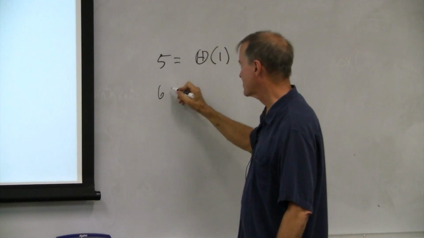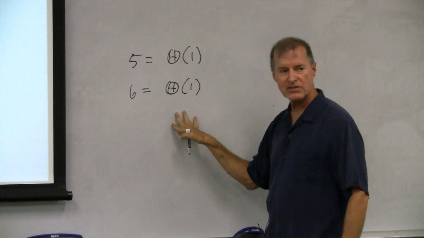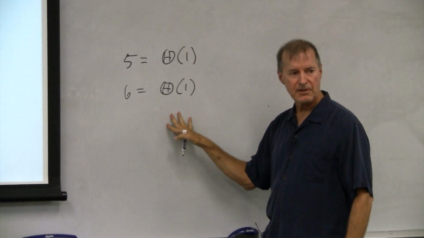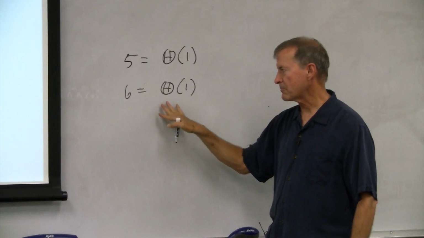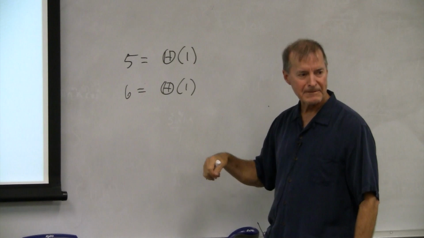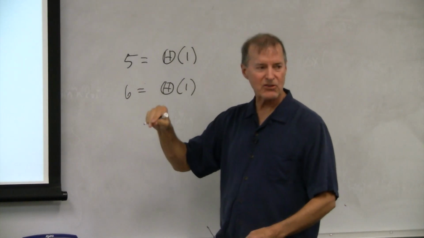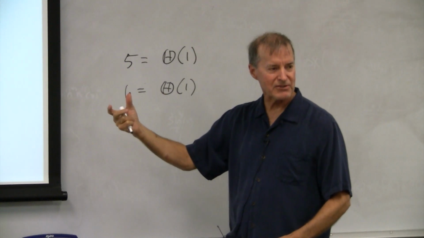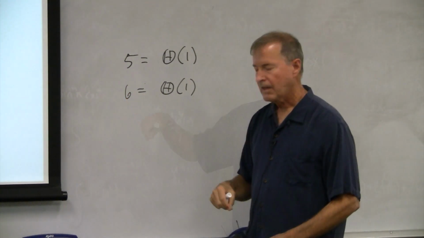Also 6 is big theta of 1. These are easy to prove. It's just a constant. You can find a constant such that 6 is bounded below by 1, and another constant such that 6 is bounded above by 1. So you can combine those into one base case and make it big theta of 1.